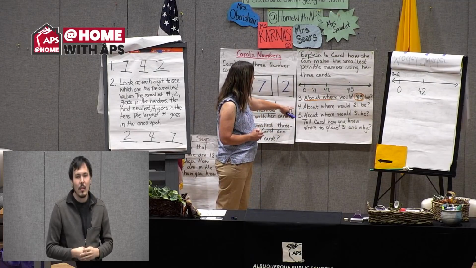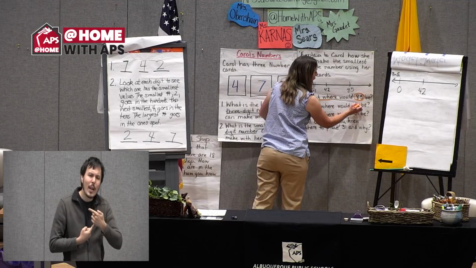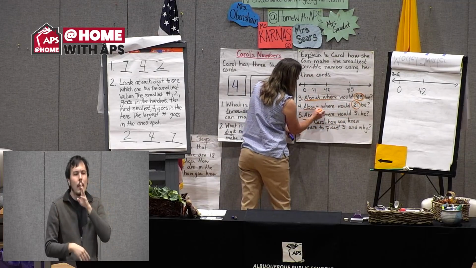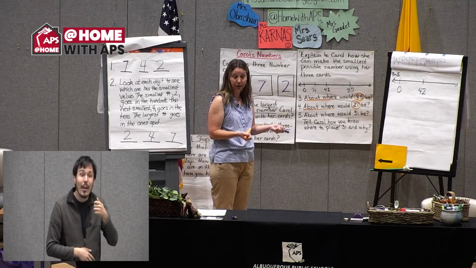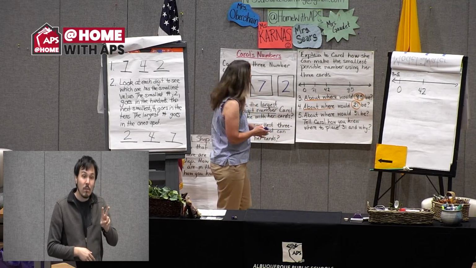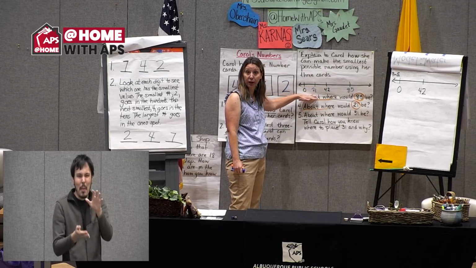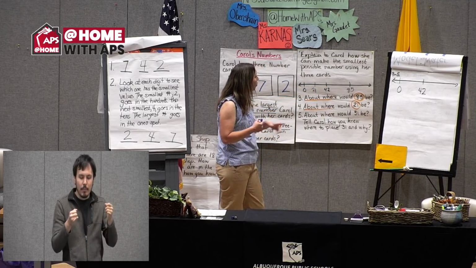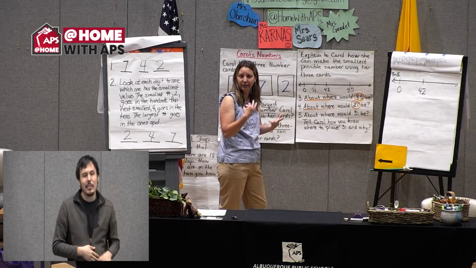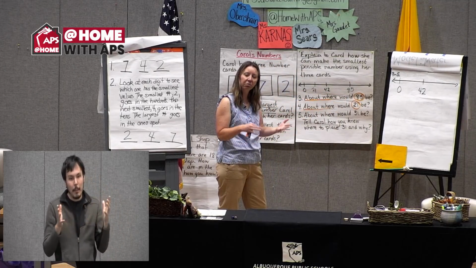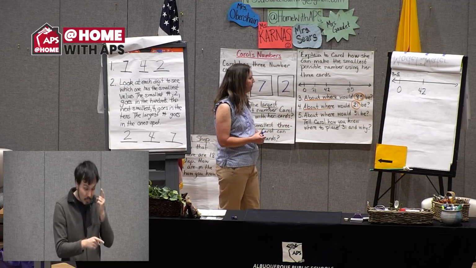And then the next one, number 4, it says about where would 21 be? And we had talked about that we noticed 21 was half of 42. So we went ahead and placed it about the halfway point on our number line. And we had talked about 85 was about twice as more, double 42. Not quite, but about. And that's where we left off last time.